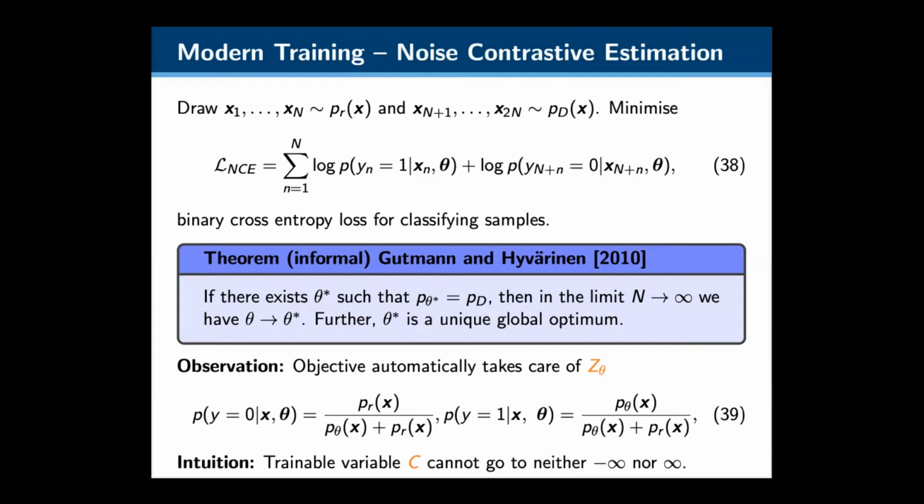But under this particular training scheme, if you let C go to infinity, then the right hand side term will always win over the left hand side. So you will always misclassify the samples which came from the reference distribution, and vice versa. So C cannot be too ill-behaved, and that's some intuition as to why you converge to the true Z theta as you train.